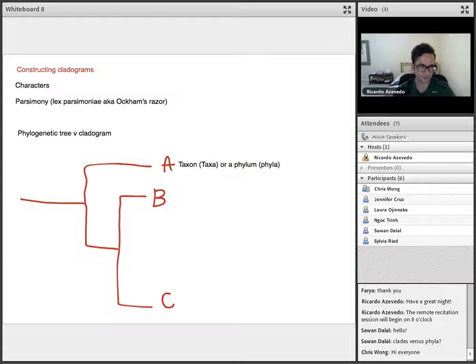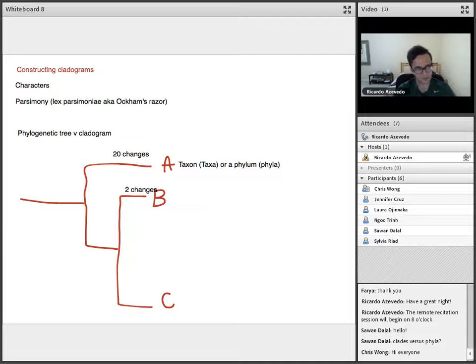So if we knew that like here there's like 20 changes versus 2 changes, then that would be a phylogenetic tree because you have an additional level of information, an additional layer, which simply tells you if taxon B has changed more than taxon A.